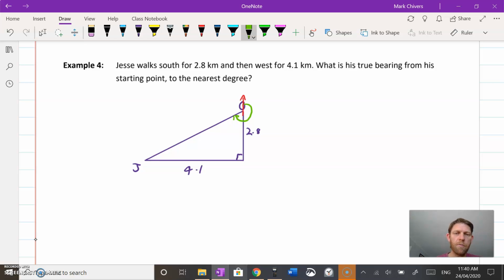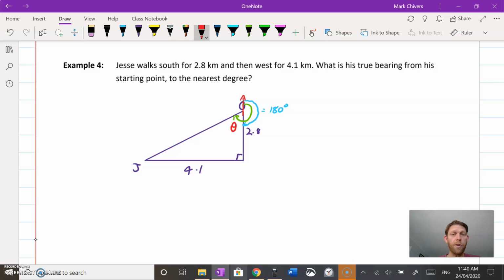So the very first thing we know is that this bit here is 180 degrees. So if we can find out what the angle inside that triangle is, then we'll be golden. This angle up here is our theta, the angle we're interested in.